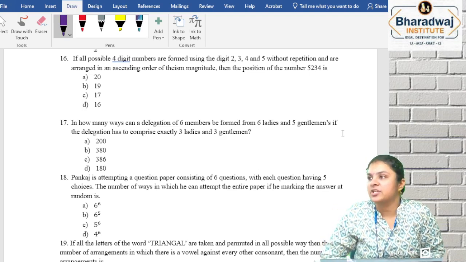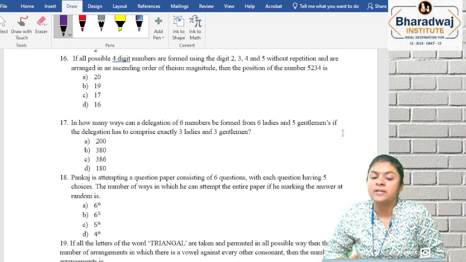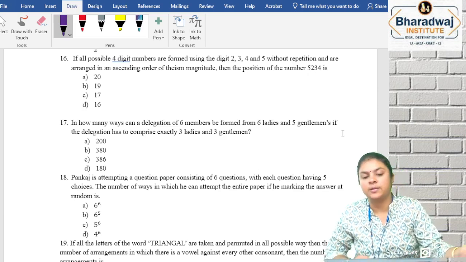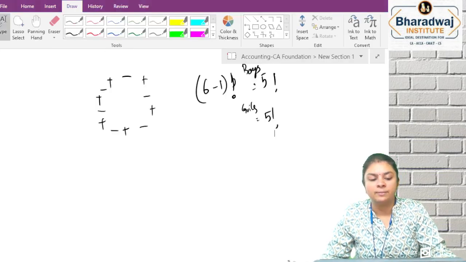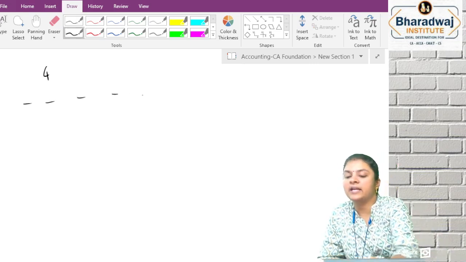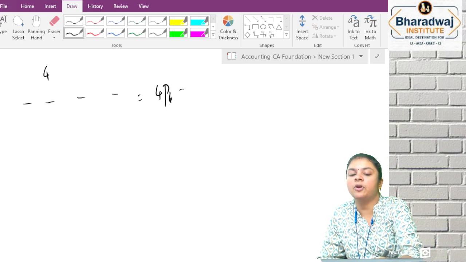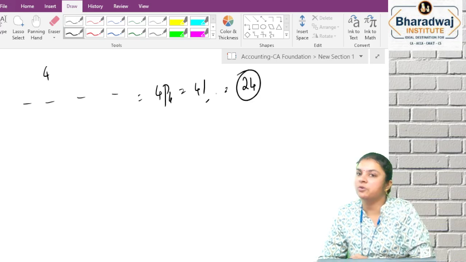So this is that kind of ranking question. First, if all numbers 2, 3, 4, 5 are formed without repetition, how many arrangements are possible? 4 numbers are arranged, so 4P4 or 4 factorial, which is 24 ways.